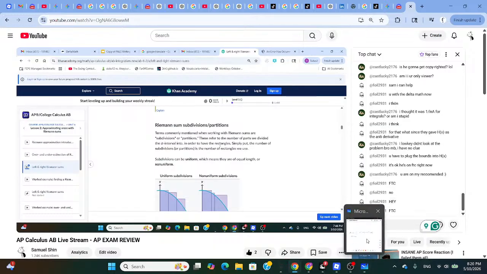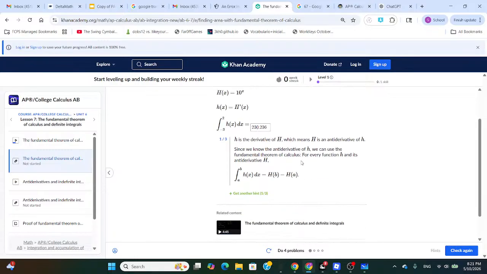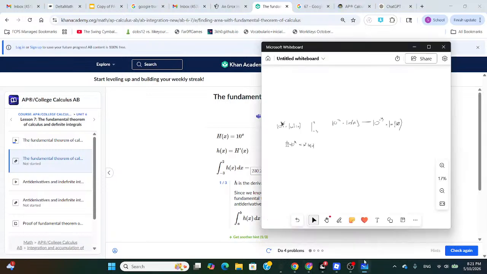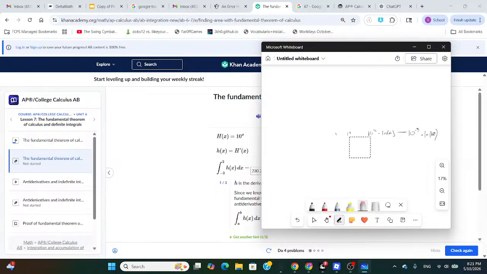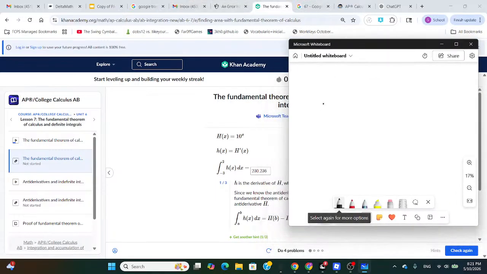FTC. Oh my God. What am I doing? It's the classic FTC rule, bro. Oh my God. I did all that. It's not even right. I overthought it. It's actually much simpler than you think. H of B minus H of A. Oh my God.